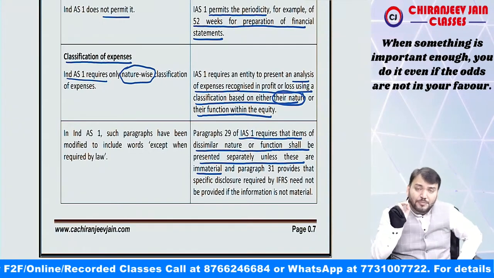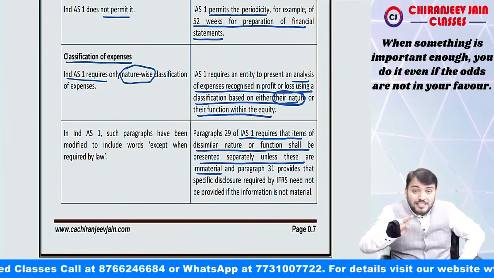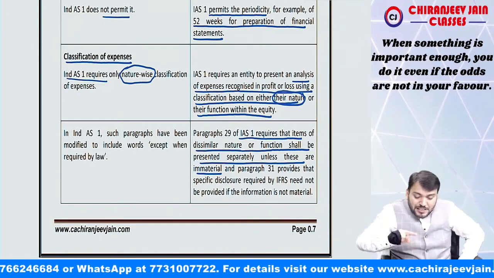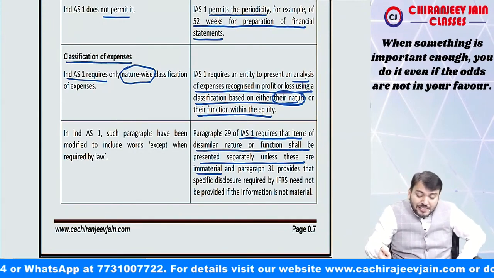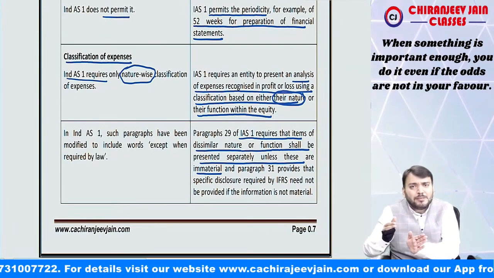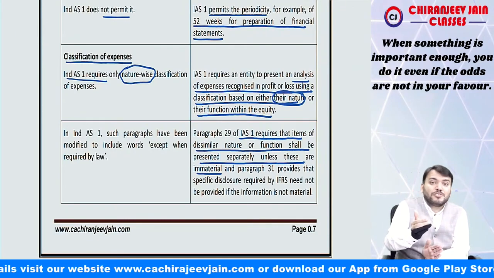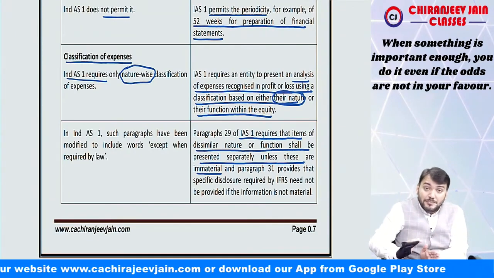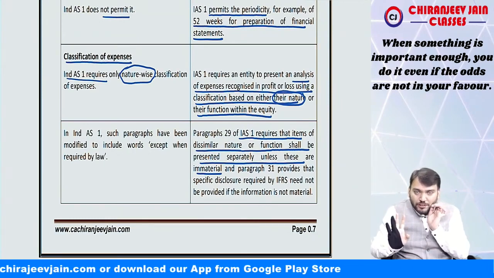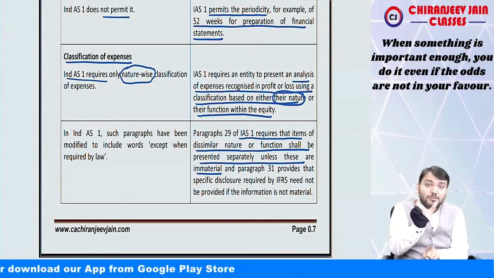So what IAS 1 says, items of dissimilar nature or function shall be presented separately unless these are immaterial. Means in simple words, any items of dissimilar nature, if these are material items, need to be disclosed separately. Correct? If they are immaterial, then we can club together. I hope you understood. But under Ind AS one phrase has been added to this para.